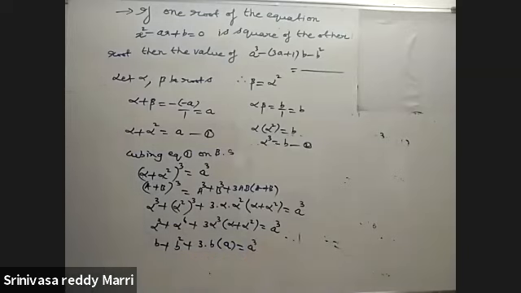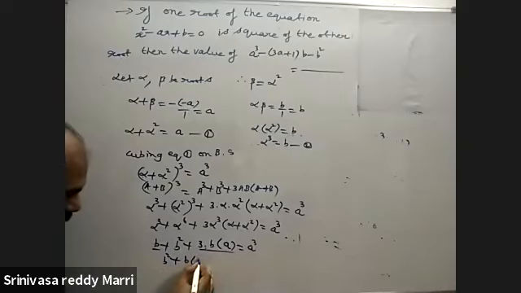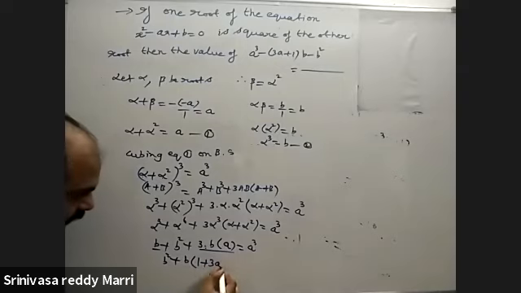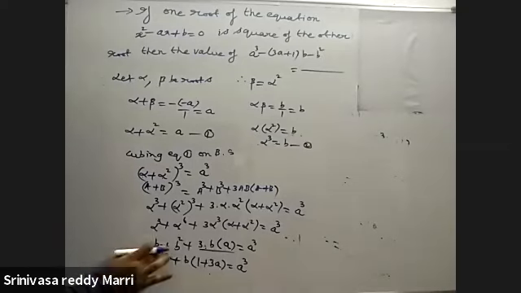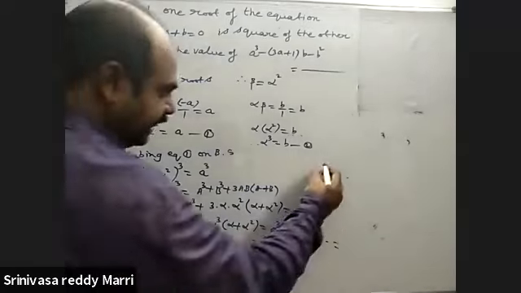Look, bring that side: b plus, he is asking this one, b square. Now from these two, you take b common. If you take b common, 1 plus 3a equal to a cube. From the first one and third one, I have taken b common. Here 1, here 3a. Bring that side completely. a cube.